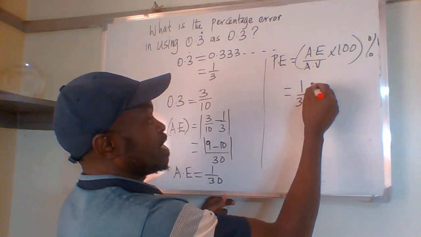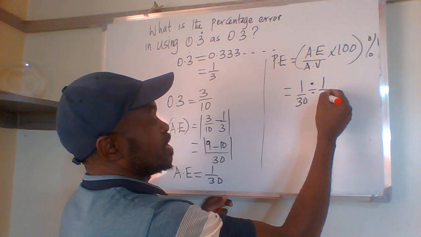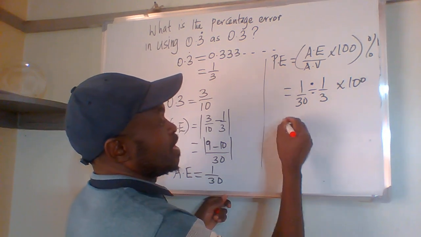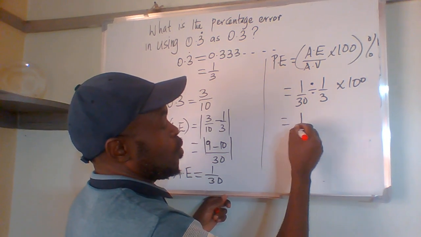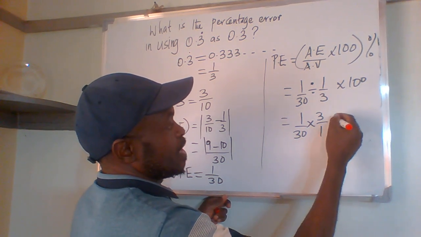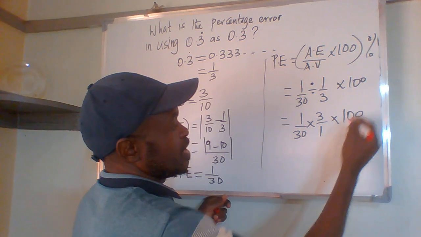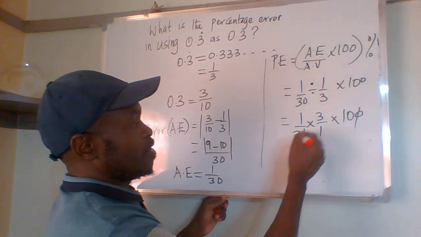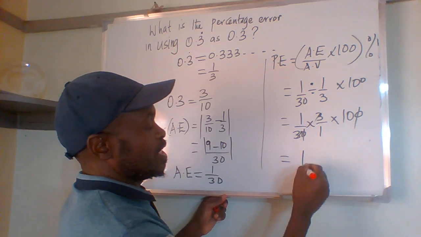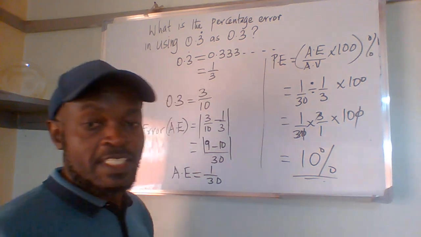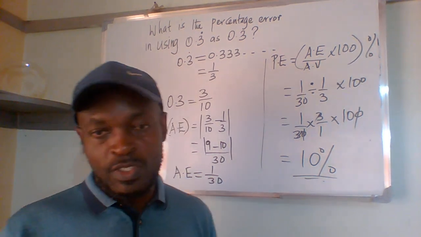So we divide by the actual value, which is 1 over 3, and then multiply by 100. This translates to 1 over 30 times 3 over 1 times 100. When you cancel out, the percentage error is actually 10%. And this is the solution to our question.